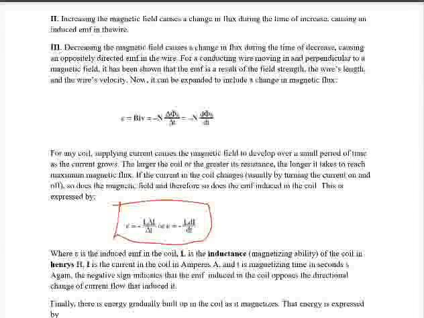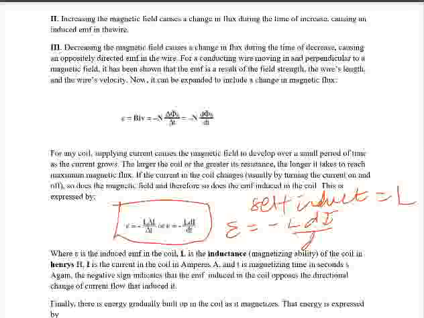Self-inductance is symbolized by L, and from this, induced EMF is equal to minus L di over dt. Rearranging this, you can get the value of L, the self-inductance. Self-inductance is the induction which is produced by the coil by itself.